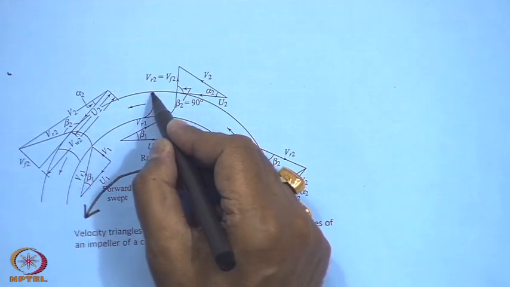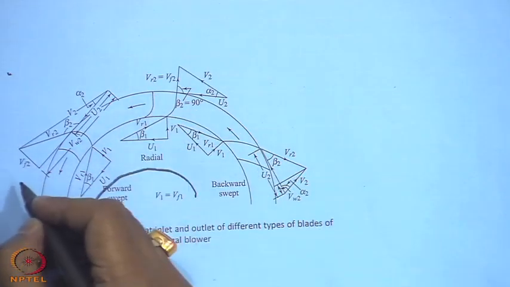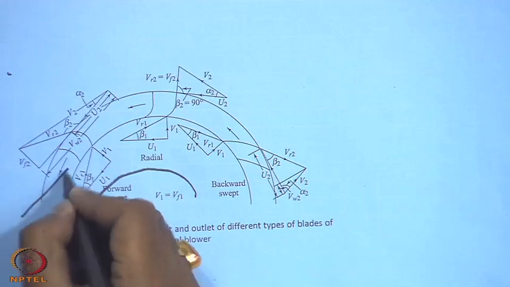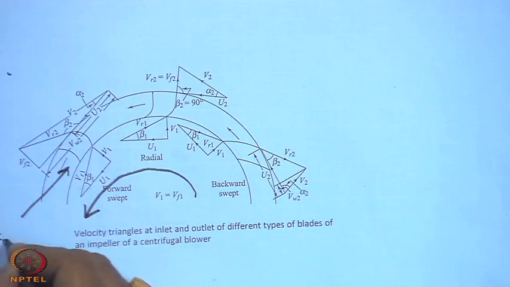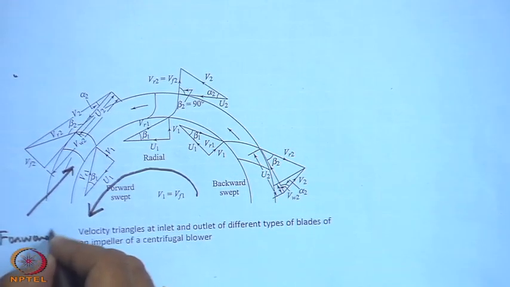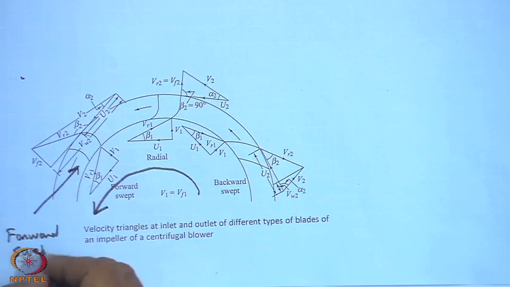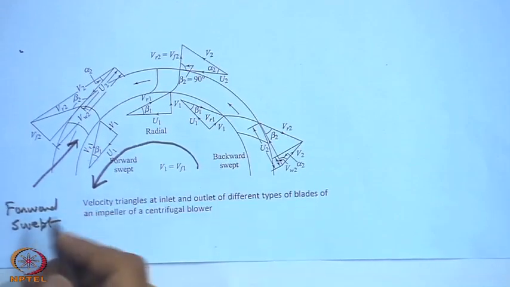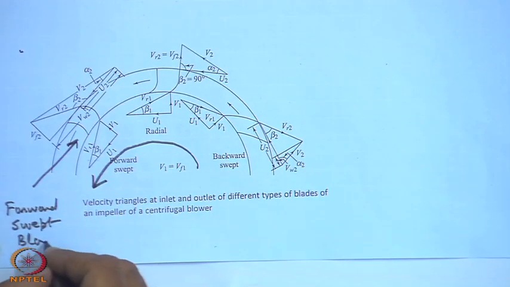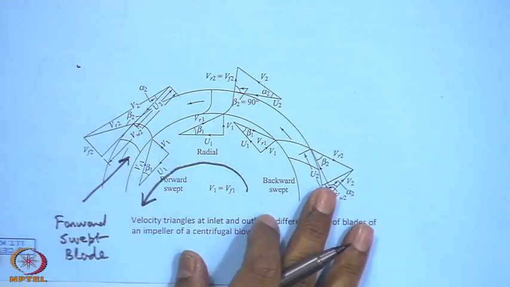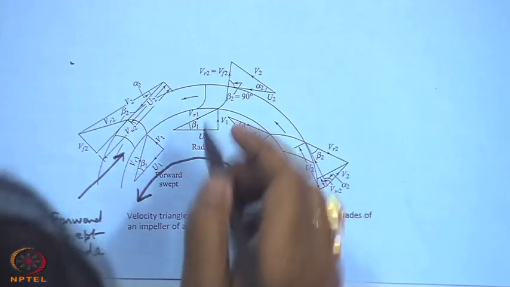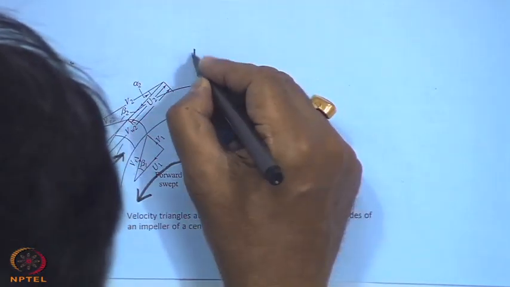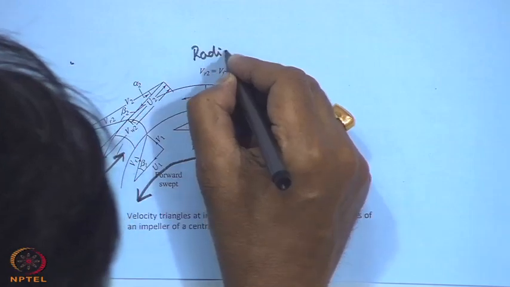Another type of blade is known as the radial blade. This type of blade is known as the radial blade.